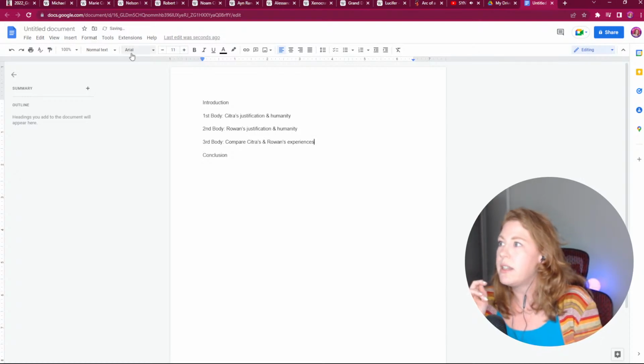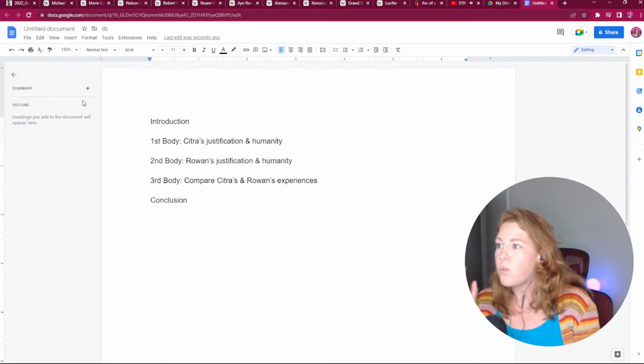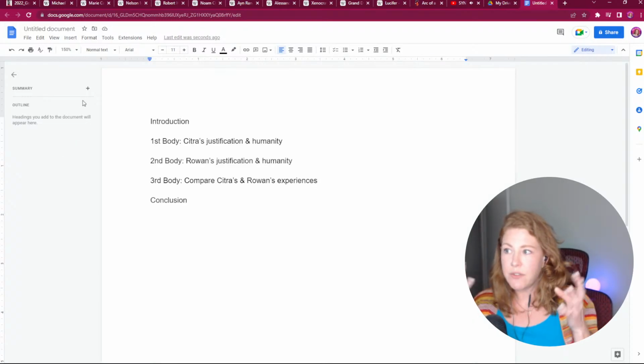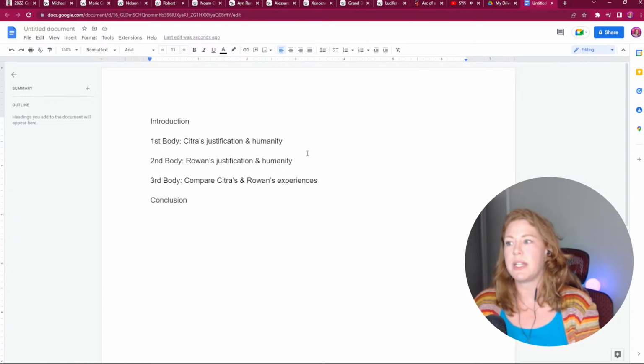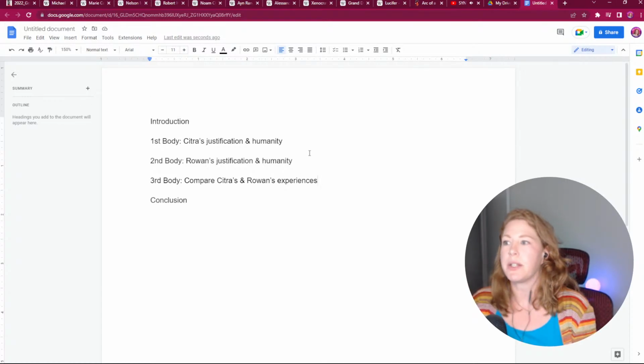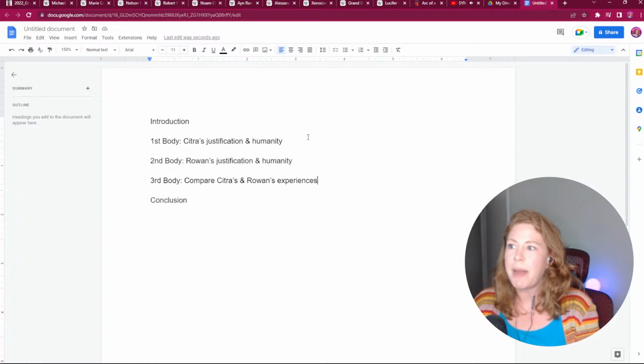Like, that just makes it really easy because you have one body paragraph mainly focused on Citra, one body paragraph mainly focused on Rowan, and then a body paragraph that's comparing the two. So that just organizes it a little bit better. And there's a term for this if you were in class last year. It's called a compare and contrast organization.